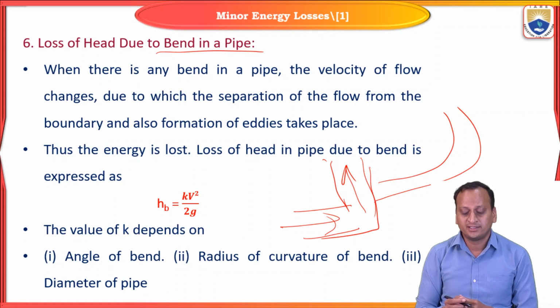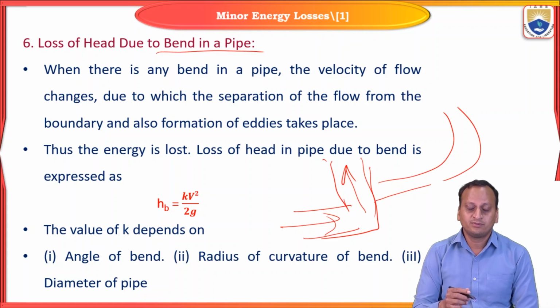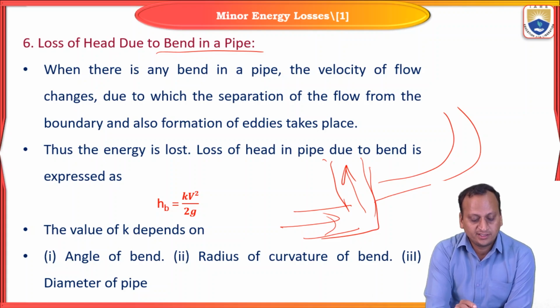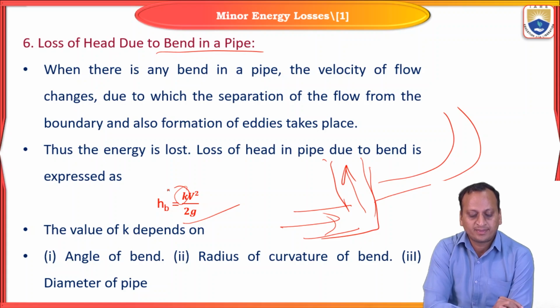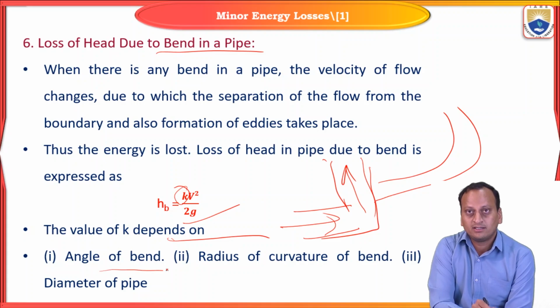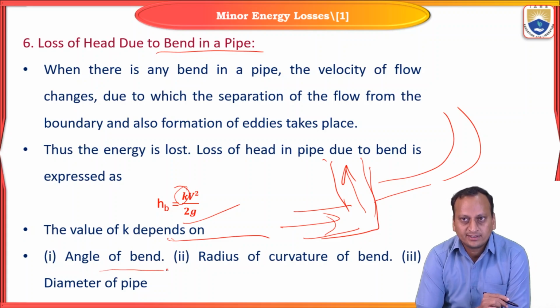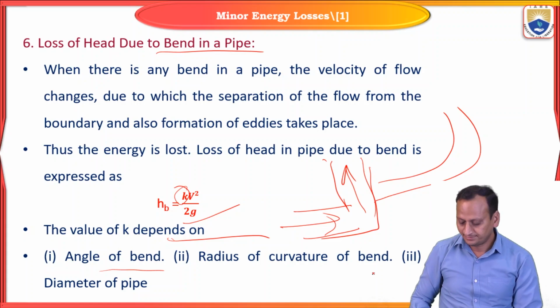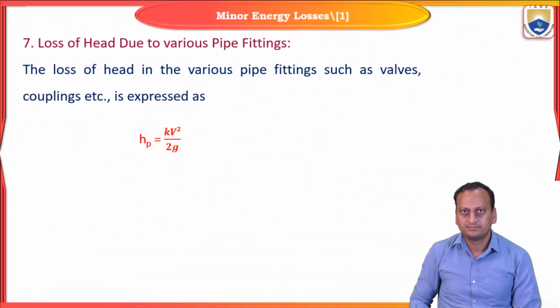Therefore, energy will be lost. So due to a pipe bend or elbow, etc., there will be loss. That can be defined by kV square by 2g, where k is the bend coefficient and V is the velocity of the fluid. It can depend on parameters like the angle of bend, the radius of curvature, and the diameter of the pipe.